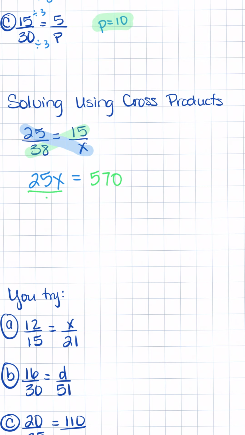Divide by 25 to get rid of this. x equals 22.8. So when we aren't able to mentally see what it's being multiplied by, using cross products is another way to solve.